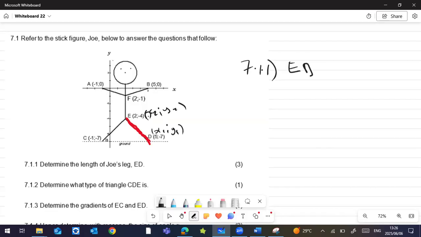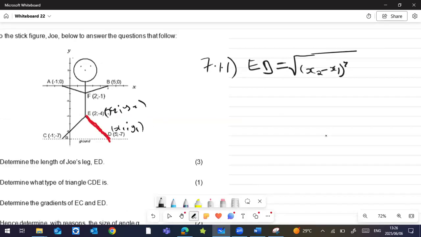Distance ED should be equal to the square root of x2 minus x1 squared. That is our distance formula. Plus y2 minus y1 squared. Then all we have to do is to substitute.